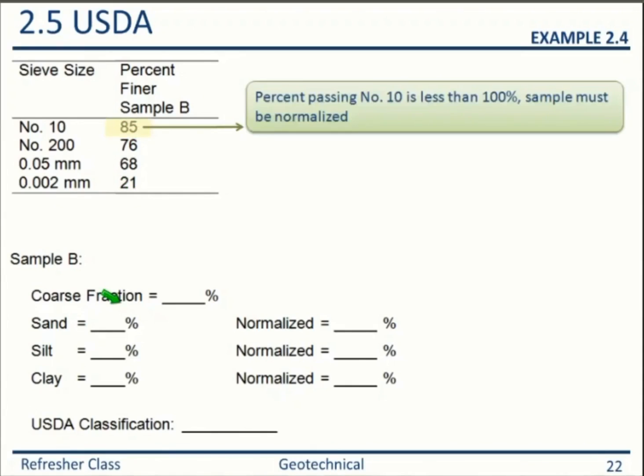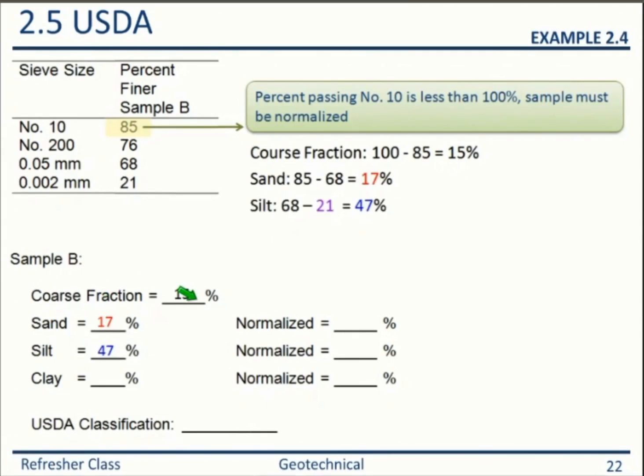So the coarse fraction is 100 minus 85, that is 15%, which is here. Sand, you told me 17%. Silt, 47%. Clay, 21%. Perfectly fine. When you add 17 plus 47 plus 21, is that 100? It is not 100, which means we cannot plot these values.